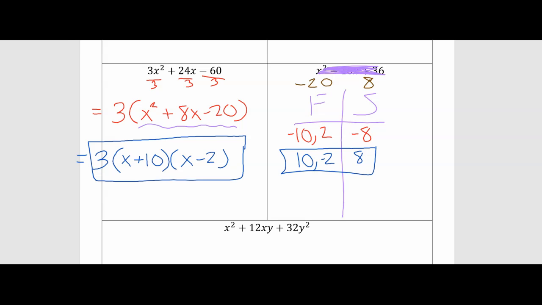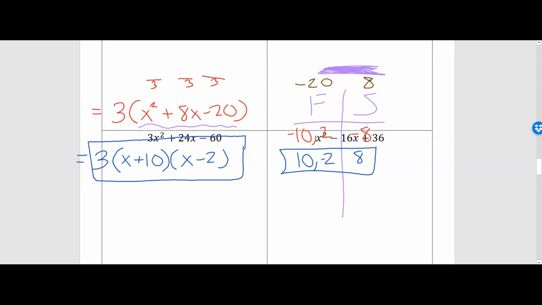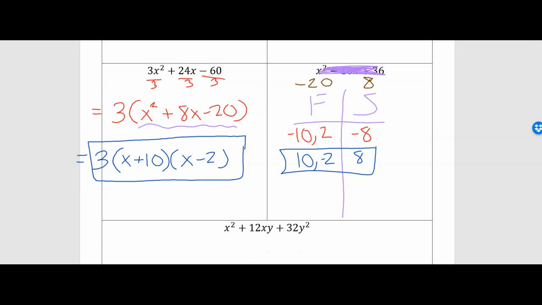So the main idea for today is that if you have a trinomial where the number in front of the x squared, or we could have an m squared or a y squared, etc. If I have a trinomial that looks something like ax squared plus bx plus c, where my a is equal to 1, I can use this factor sum chart method to factor.